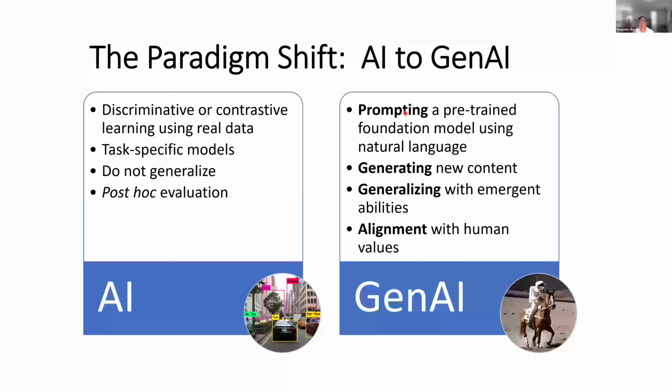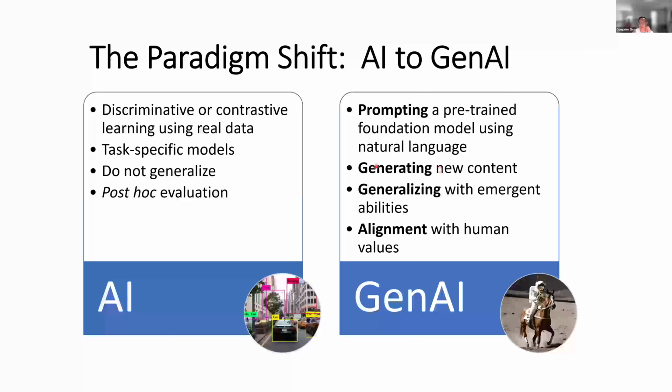These days, it's transformed to the foundation model-based approach. I wouldn't say all of them, but it's becoming more and more common. Instead of using de novo trained models, we use pre-trained models and directly get into the inference stage. We prompt the pre-trained models, typically using natural language.